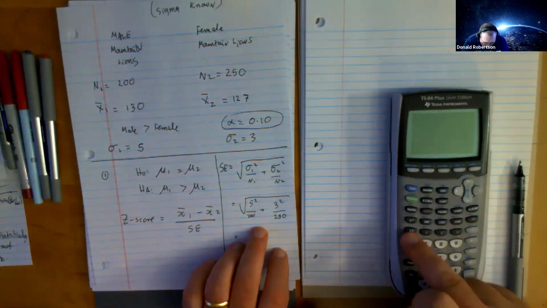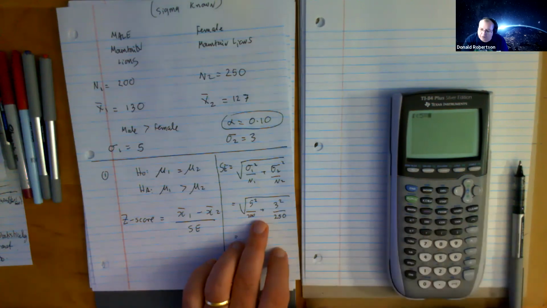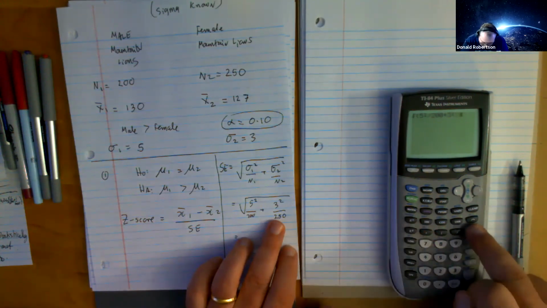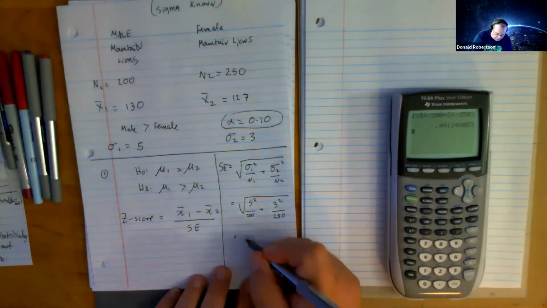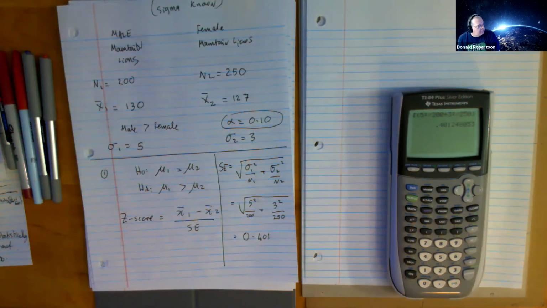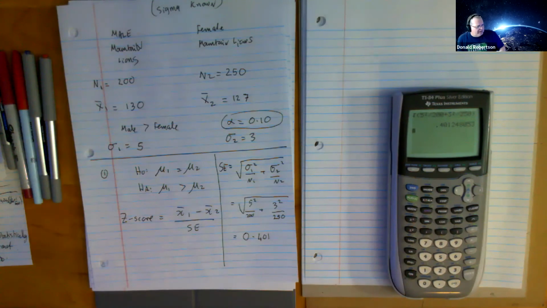The square root of 5 squared divided by 200 plus 3 squared divided by 250, and I have 0.401. Does this formula at least look like you could guess why it is what it is? Whereas the other P1 was weird, right?